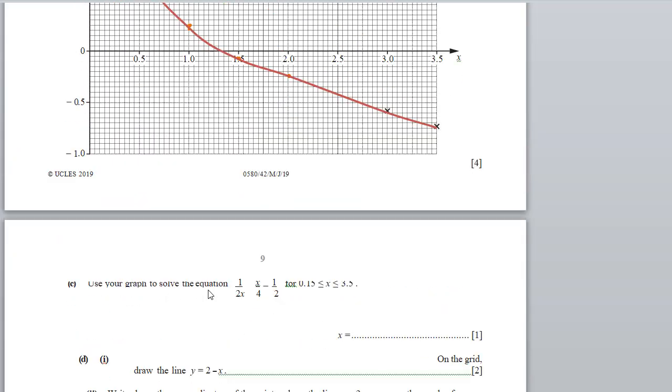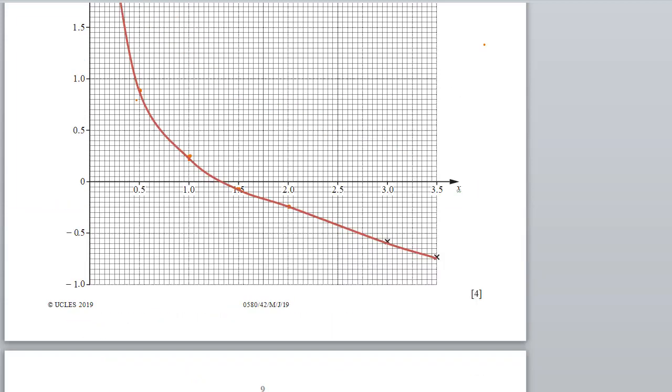So use your graph to solve the equation 1 over 2x minus x over 4 equal to half. So we have y equal to half, because this part in total is y, and here is equal to half. Since it needs using the graph, we need to draw the line y equal to half.